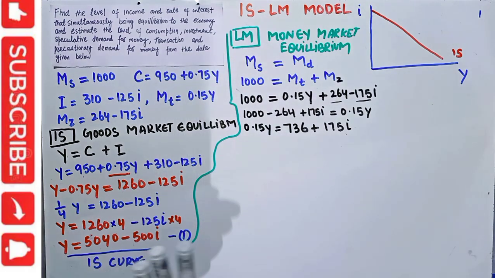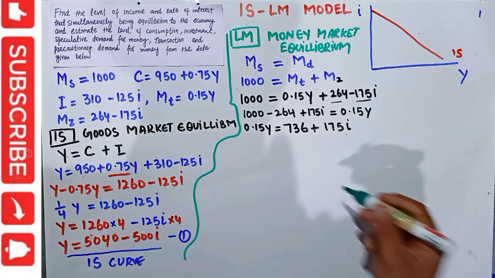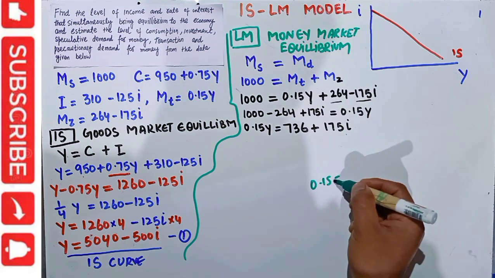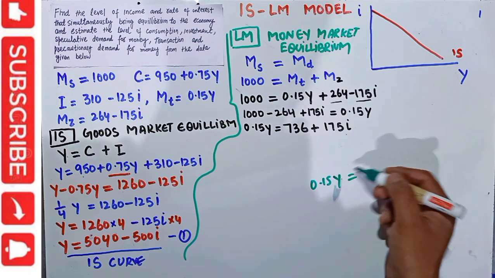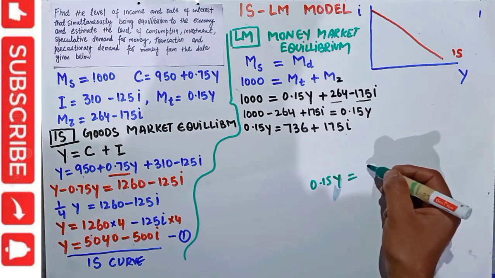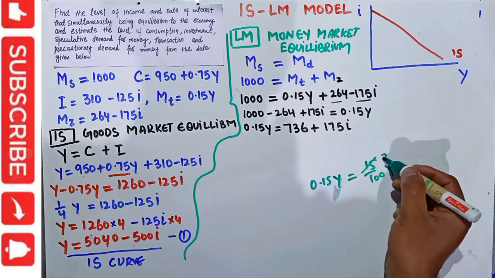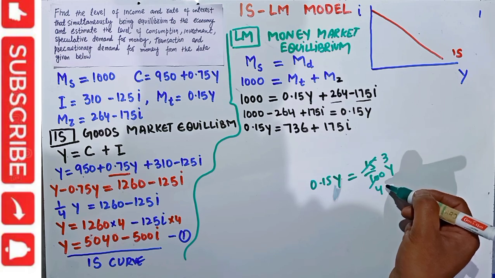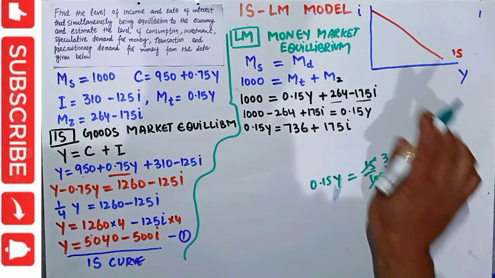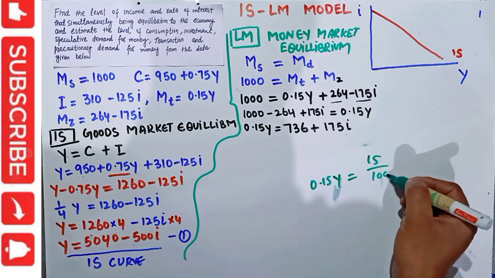Now let's solve for y here. So 0.15y can be written as 15 divided by 100 y.